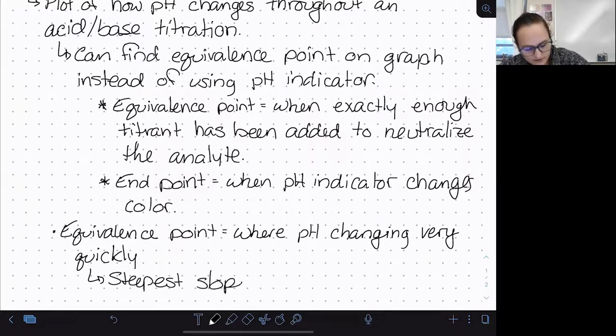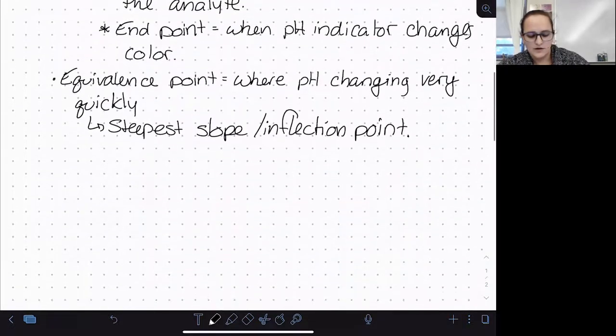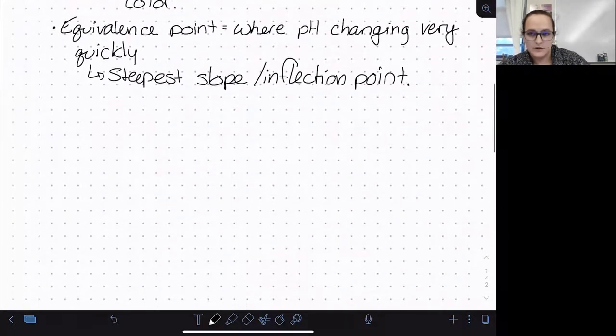So our equivalence point is at the point where we have the steepest slope, which is at the inflection point of the graph. So if we want to sketch what a titration curve will actually look like, it's going to change a little bit depending upon whether we're dealing with strong or weak acids or bases.